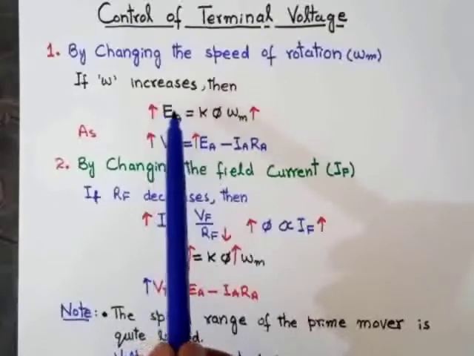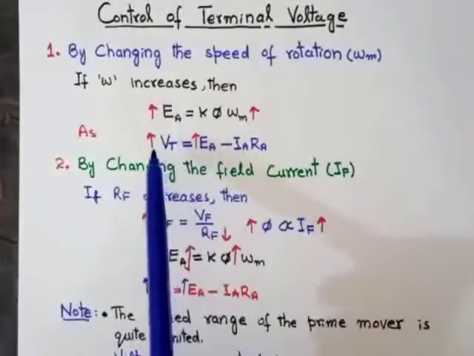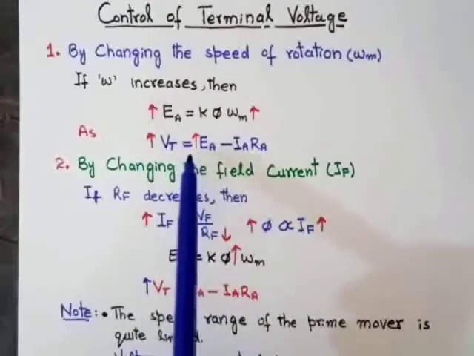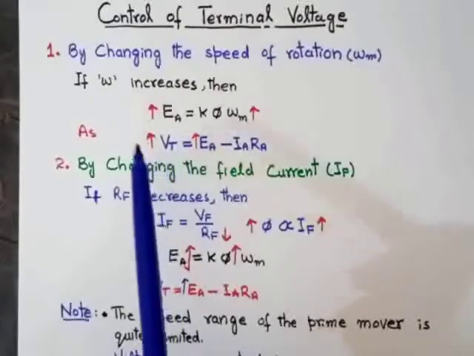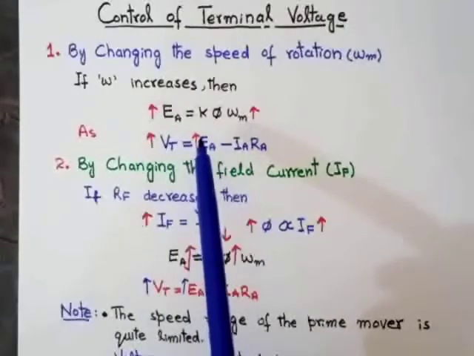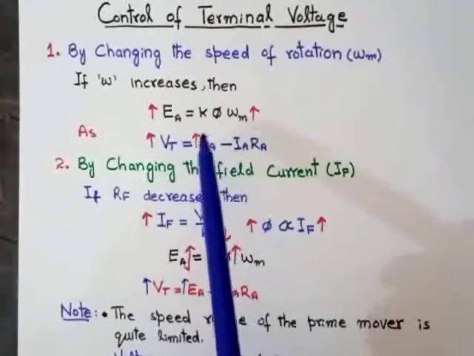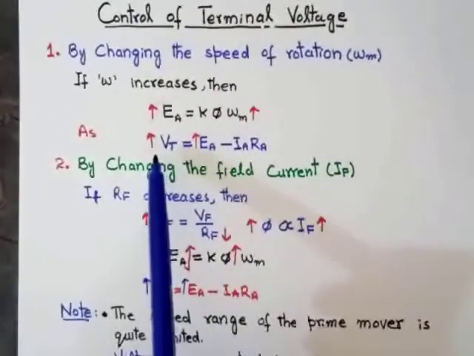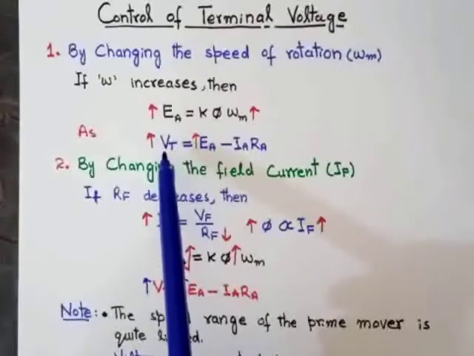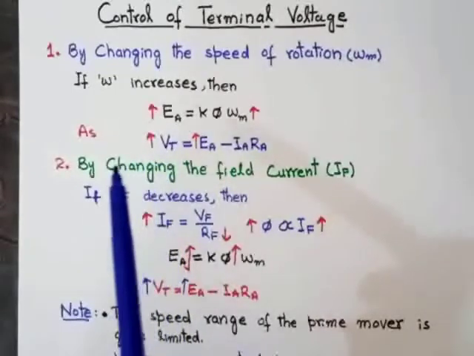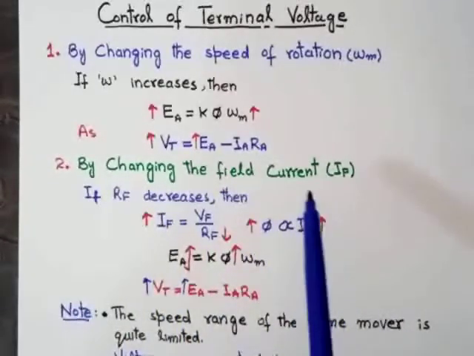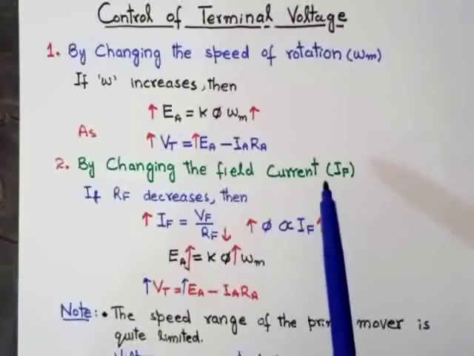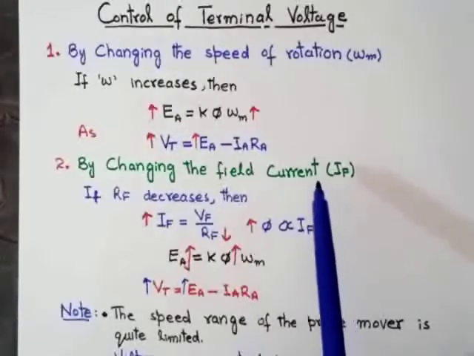When the internal generated voltage increases, the terminal voltage will increase. As you can see in this relation, the relationship between internal generated voltage and terminal voltage is directly proportional. Now, the second method is by changing the field current, we can increase or decrease the internal generated voltage or terminal voltage.